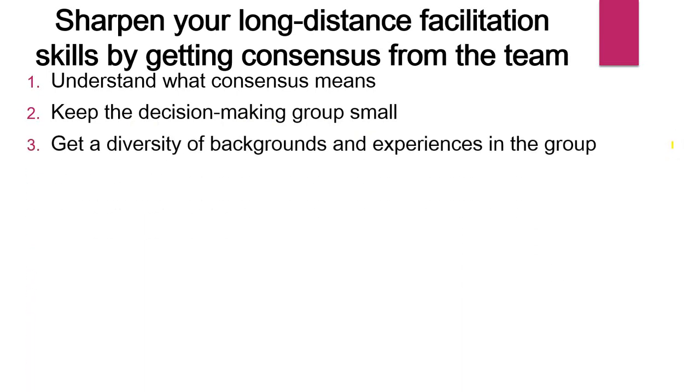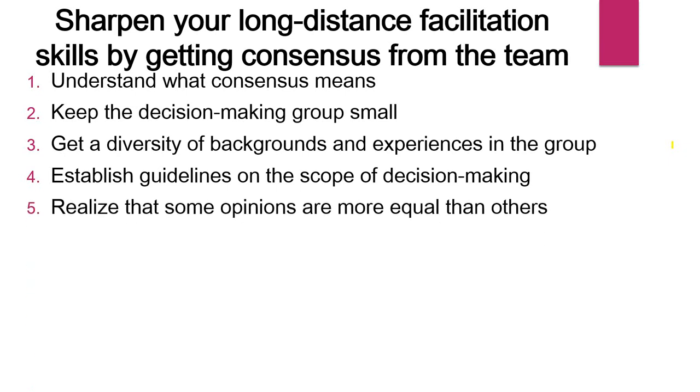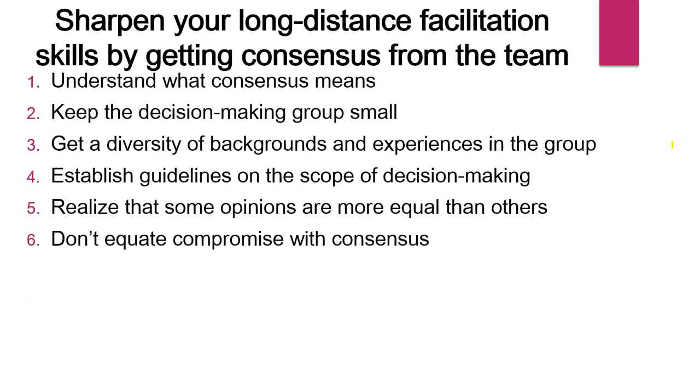Get a diversity of backgrounds and experiences in the group. Establish guidelines on the scope of decision making. Realize that some opinions are more equal than others. Don't equate compromise with consensus.